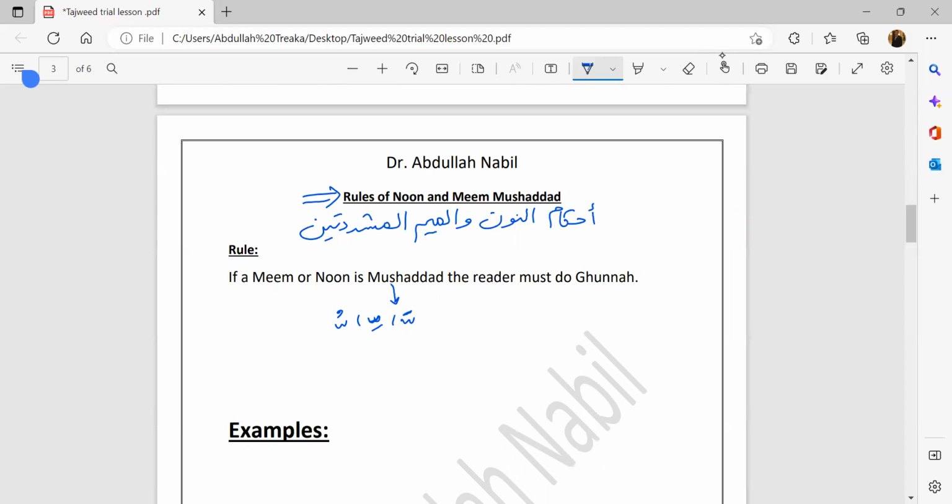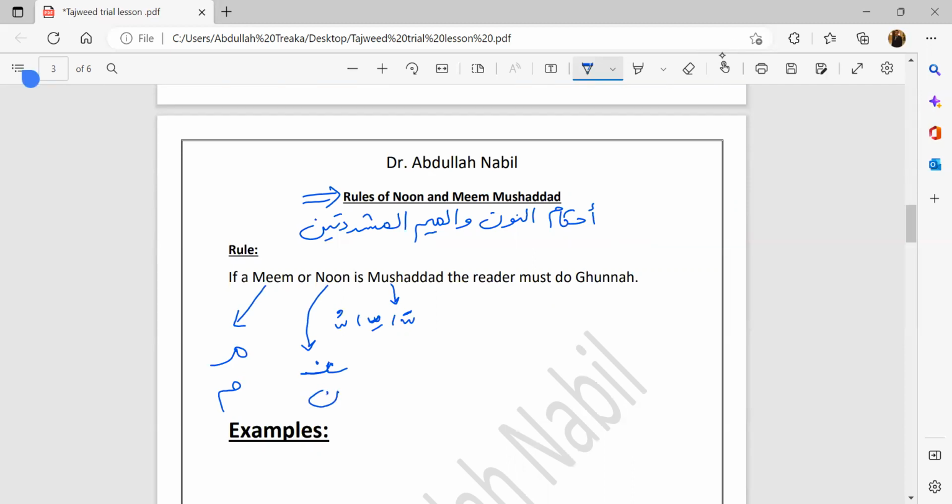Okay. If a meme, this is the letter meme, or meme at the end of the word, and noon, this is the letter of noon, this is noon at the middle, and this is noon at the end.